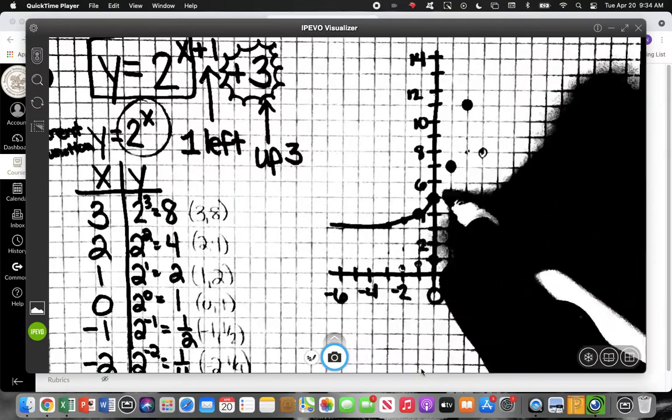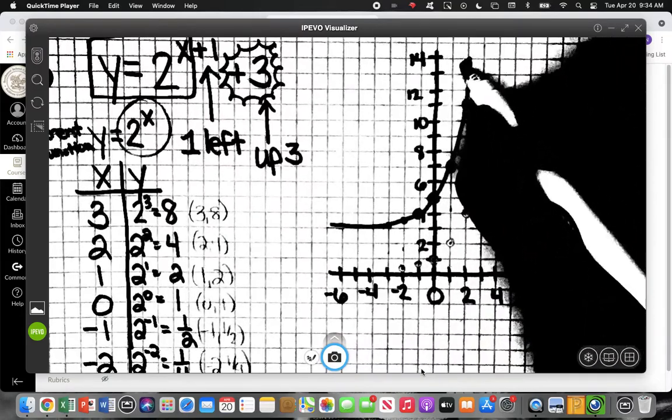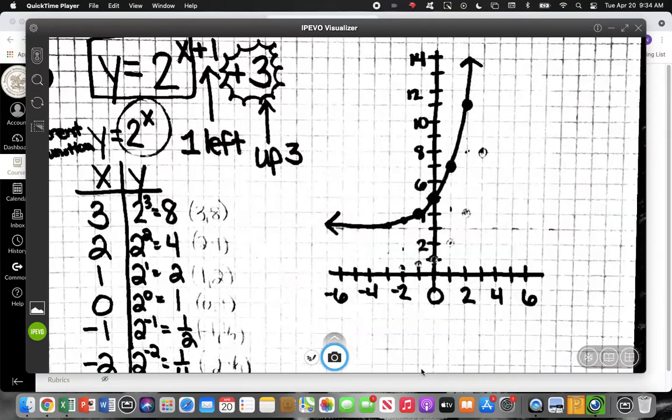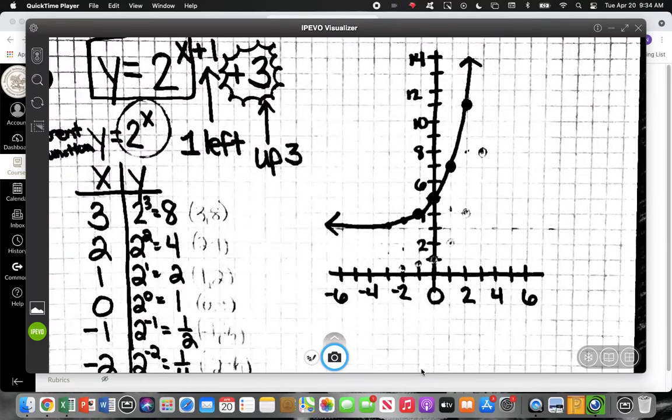And then once you move all of those points, then you can make your graph. So we start out with the base, get a baseline, get our points ready, and then follow the shift. So if it says move to the right 2 and up 1, we would go right 2, up 1. Just follow what the numbers tell you.